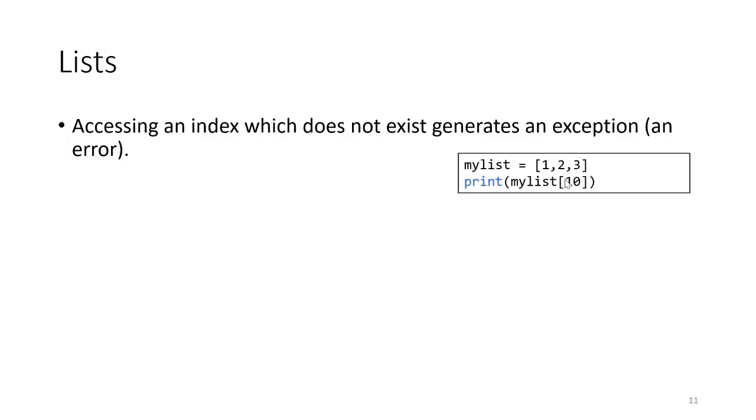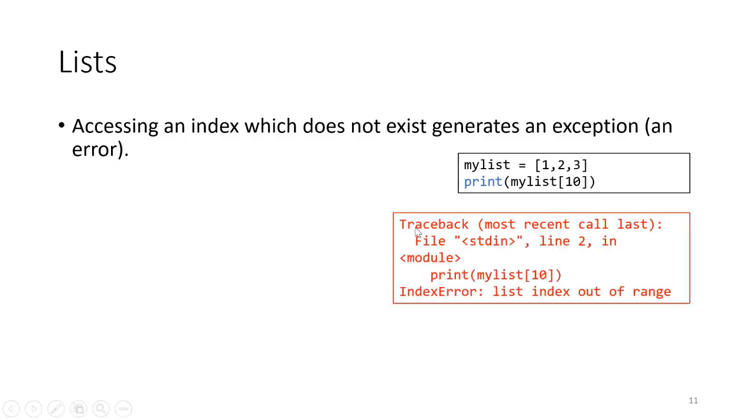Here we have 3 elements in our list, so the length of the list is 3, so we can have only indices from 0 to 2. 10 is not acceptable. And if we execute this line of code, this will generate an error which says we have this type of error, index error, list index out of range.